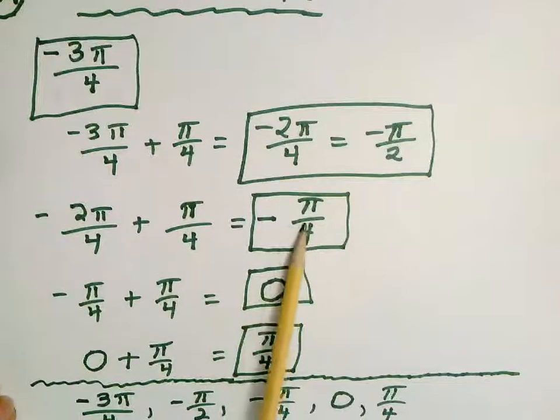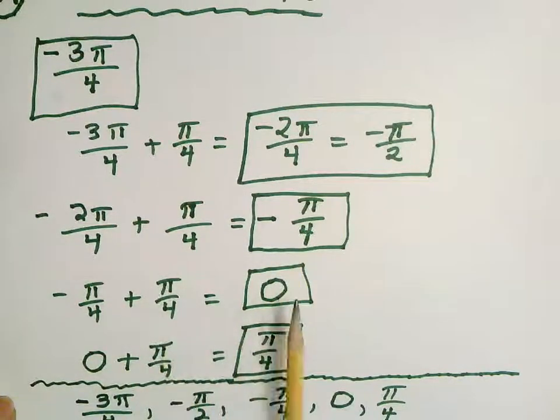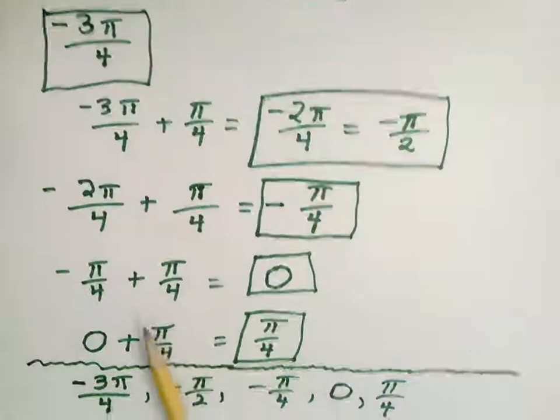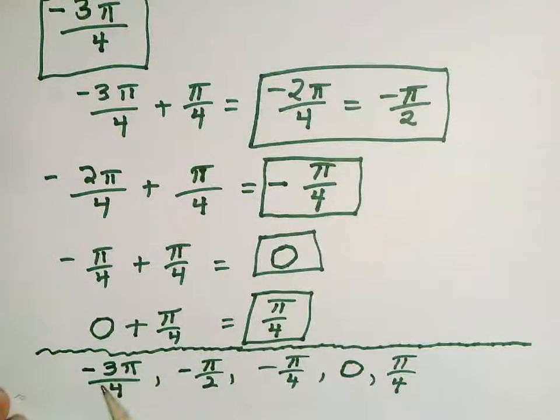We then take the third critical number and add our increment, we get 0. Take our fourth critical number, add our increment, and we get pi over 4. So we're going to have as our critical numbers negative 3 pi over 4, negative pi over 2, negative pi over 4, 0, and pi over 4.